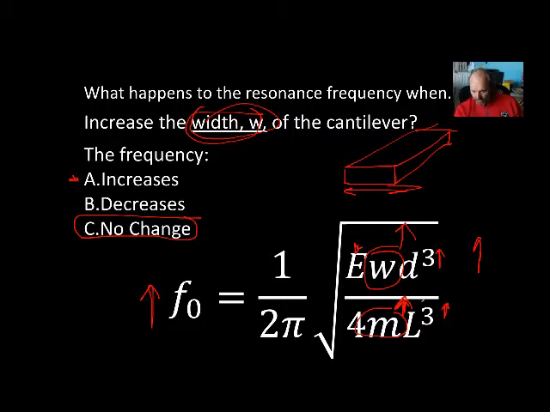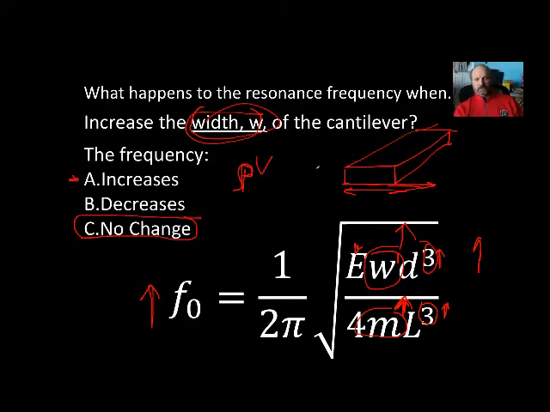But now you look at these exponents here. This is to the cube, this is to the cube. This is only to the first power. So think about it. If I double the width, I'm going to double the mass. Because what is the mass? The mass is the density, that's supposed to be a rho, times a volume.